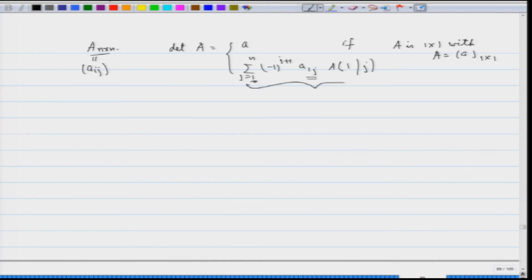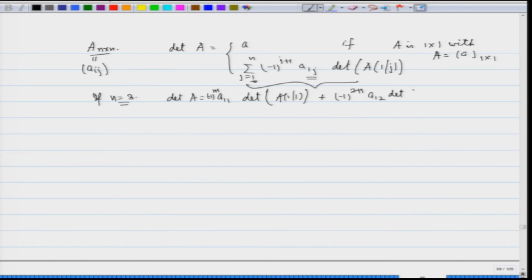Is that okay? So, what basically I am trying to say here is that if n is 3, I am looking at determinant of A as A11 into determinant of A(1|1) times minus 1 to the power 1 plus 1, plus A12 into determinant of A(1|2) times minus 1 to the power 1 plus 2, plus A13 into determinant of A(1|3) times minus 1 to the power 1 plus 3.